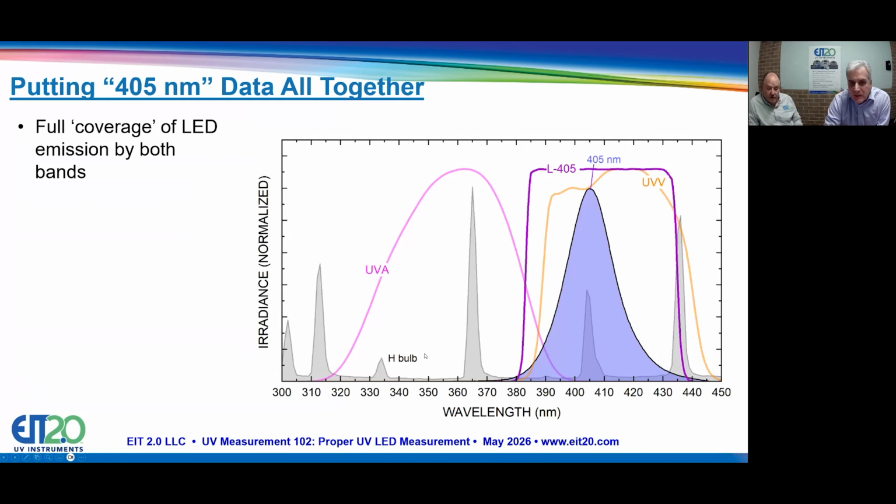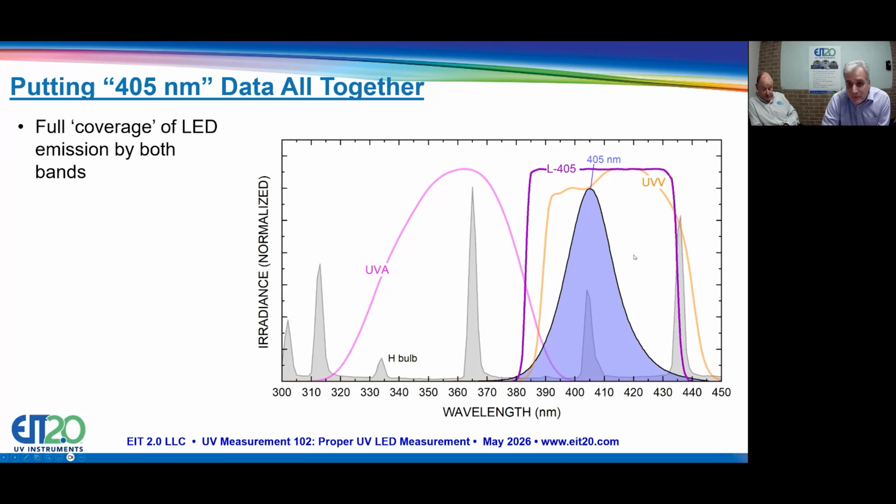One more spectra here. Again, looking at the mercury broadband versus the L405. Again, the LED distribution is well under the UVV, so it's being fully measured. Unfortunately, the calibration, which is not well aligned with this broad distribution, is kind of doing us in at the 40-ish% error level.